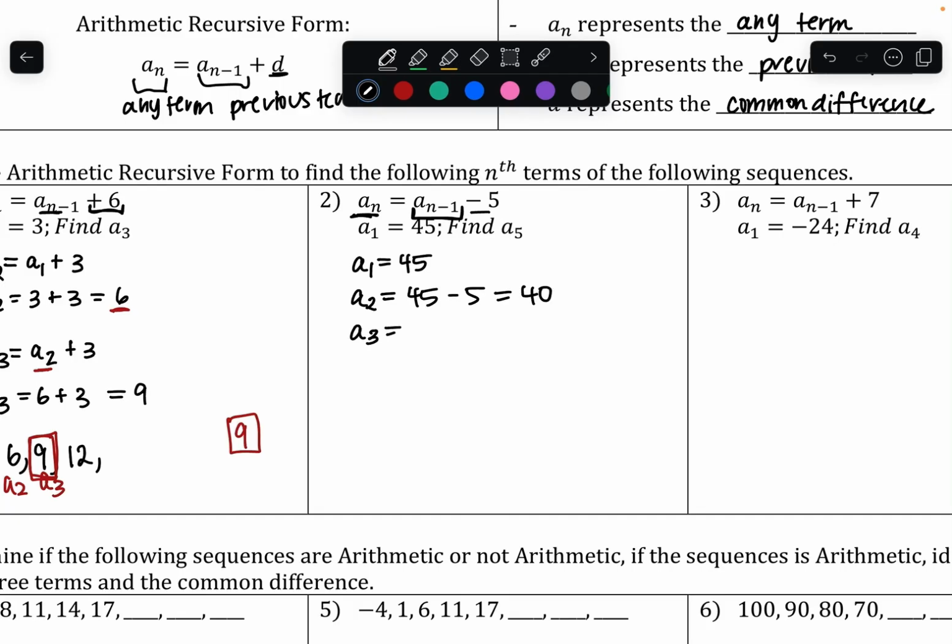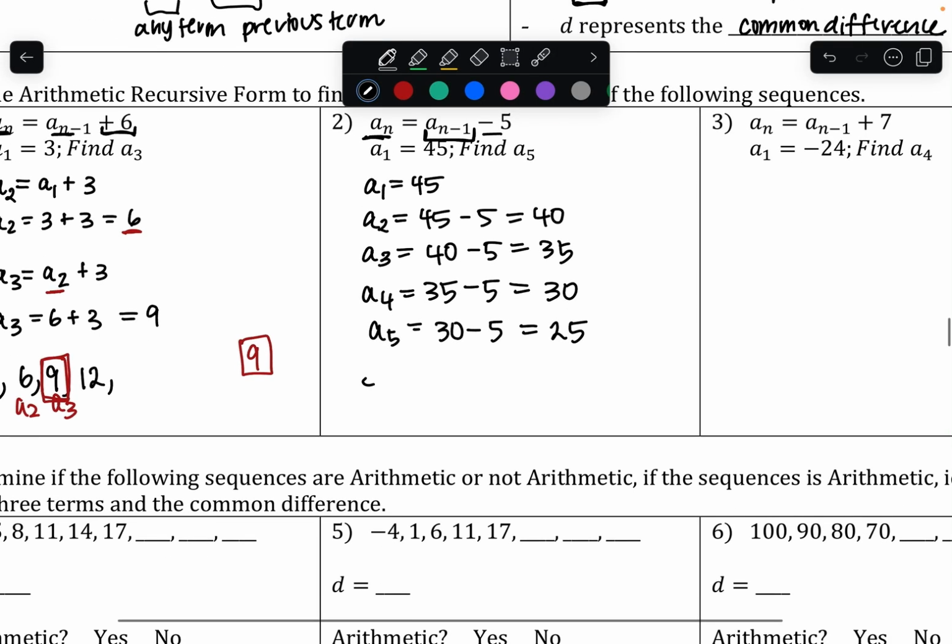And then a sub 3 would be that 40 minus 5, which would give me 35. Okay, and they want a sub 5, so we're going to keep going. A sub 4 would then be 35 minus 5, which is 30. And then a sub 5 would be 30 minus 5 equals 25.